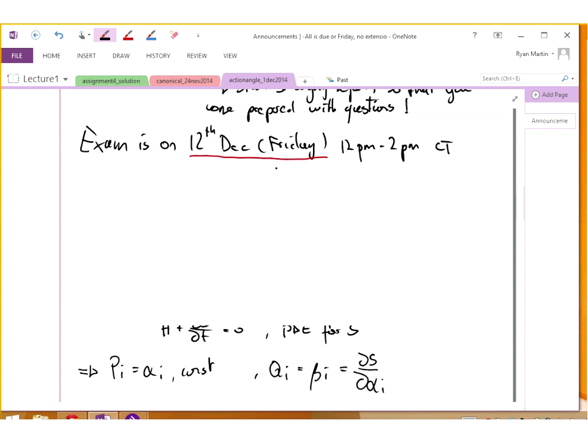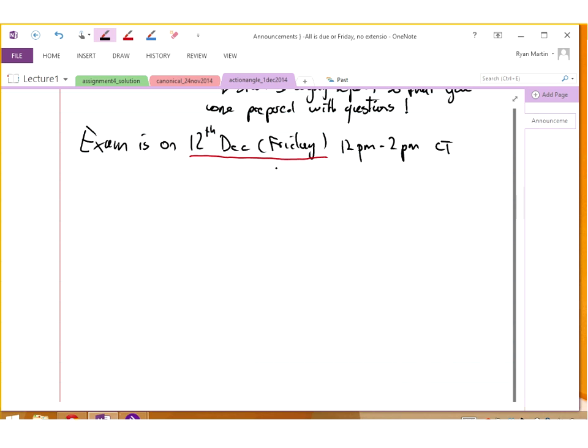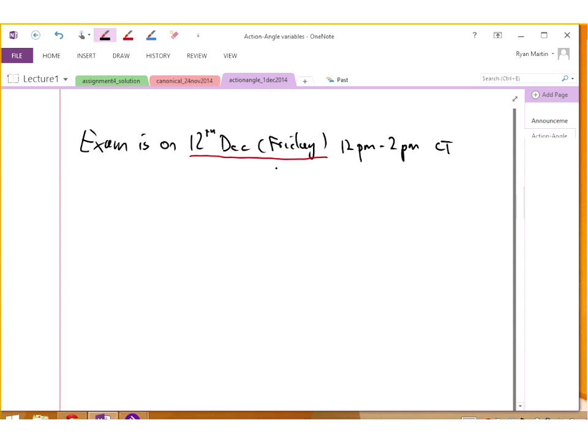We're going to use this formalism of the action angle variables. It's sort of an extension to the Hamilton-Jacobi method, and we use it when the Hamiltonian does not depend explicitly on time.